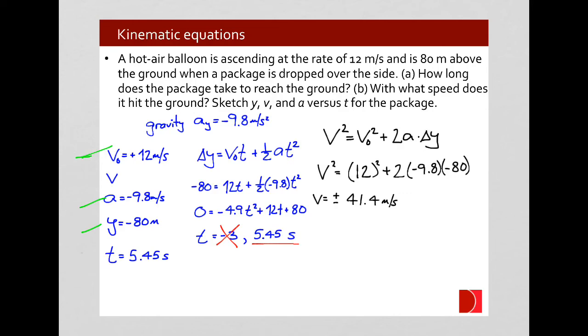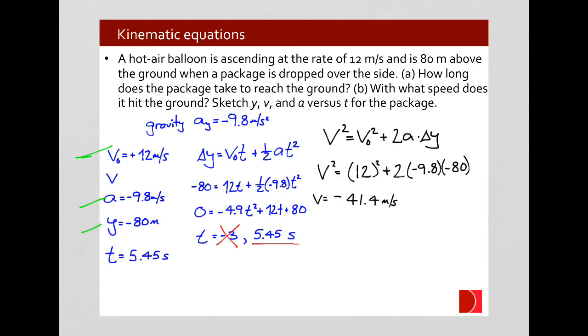However, from the context of the question, that we're moving upwards, we drop the box, it travels upward with us a little bit, and then falls back down to the ground. Its velocity at the end of its flight, when it's hitting the ground, is going to be downward, and thus that means we need a negative velocity in that case, just to show us that the velocity is a downward falling.